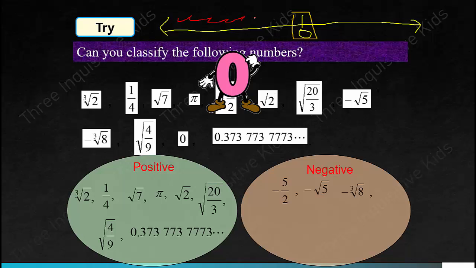Up to this side are negative numbers, while up to the other side are positive numbers. So those are the two things to classify. And when you're classifying this, say on a test or homework or something, you could just say that 0 has its own category. It doesn't make sense to not classify it. Just mention that.